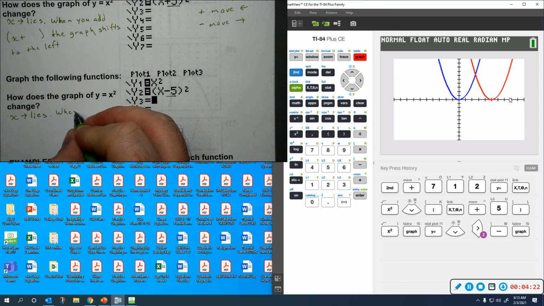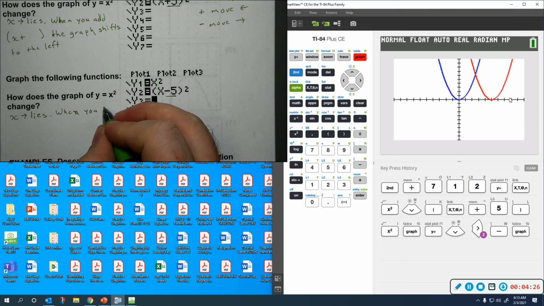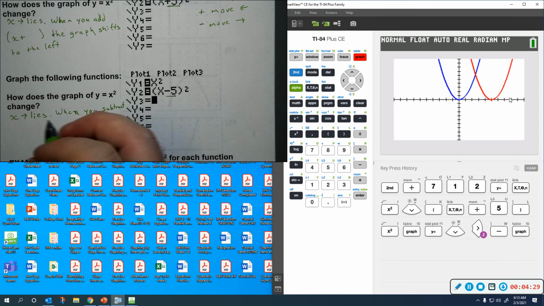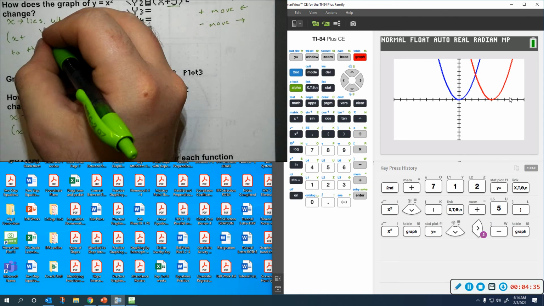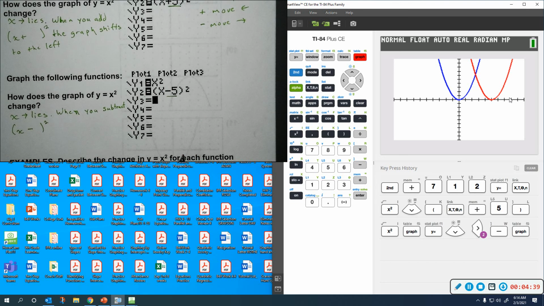When you subtract, which will look like this for the x values, in parentheses x minus something, remember it is squared, the graph shifts to the right.